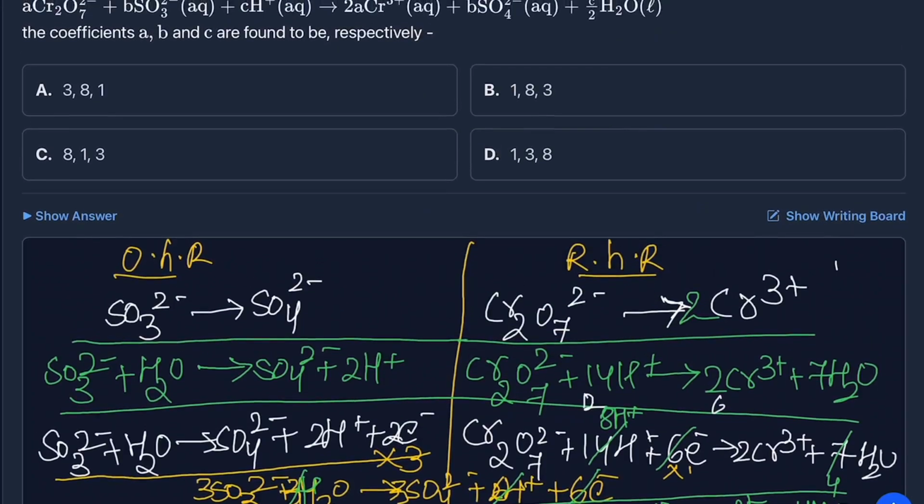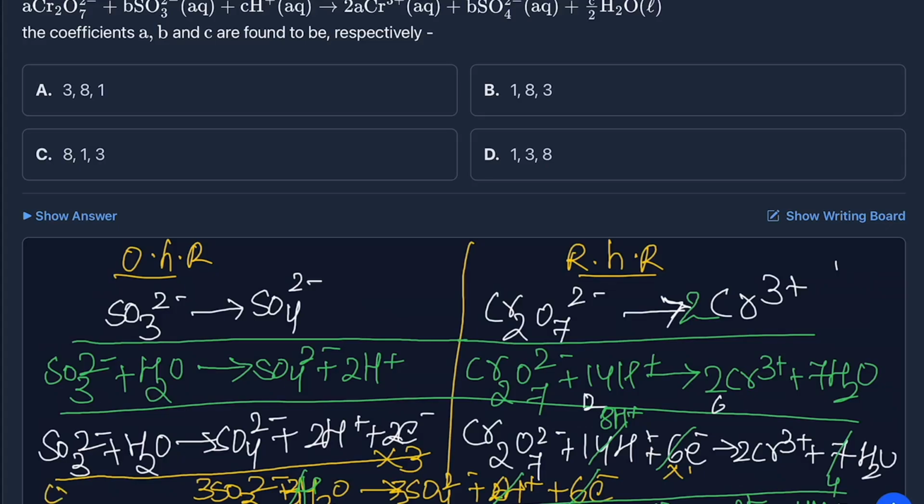the coefficients of A, B, C they are asking. What is our A? Cr2O7 2-. How many are there? Only one Cr2O7 is there. Next, in B, what are they asking?